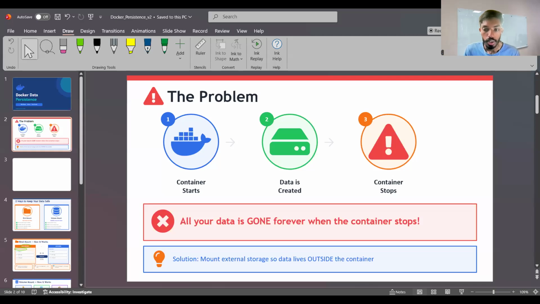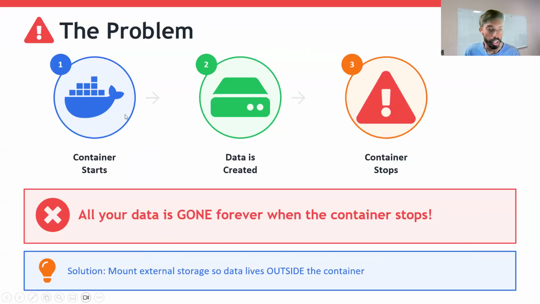So here, first of all, we need to understand the problem, right? The problem is like this. When you have a container, you can start it and you can function it. When you're functioning it, the container itself can generate data, and that data can be stored inside the container, right? It is okay, it is normal.